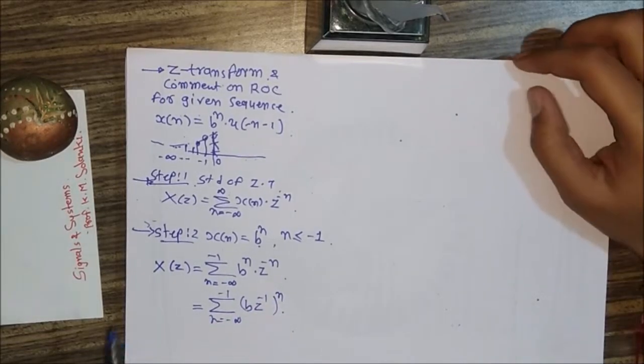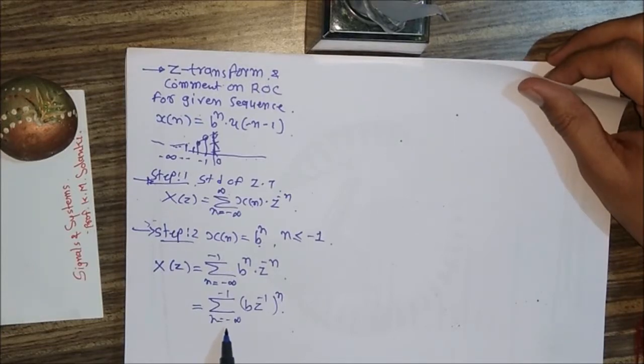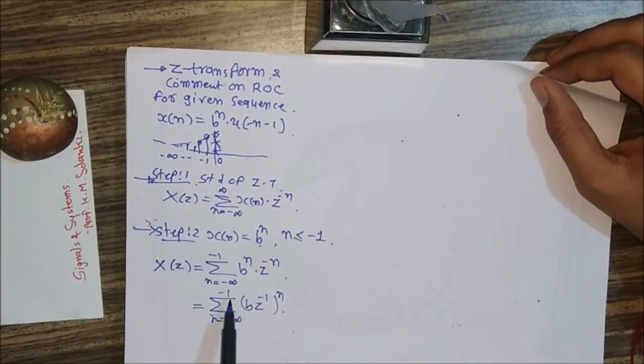This is similar to the previous example with the a^n concept, but the limit is not 0 to infinity.